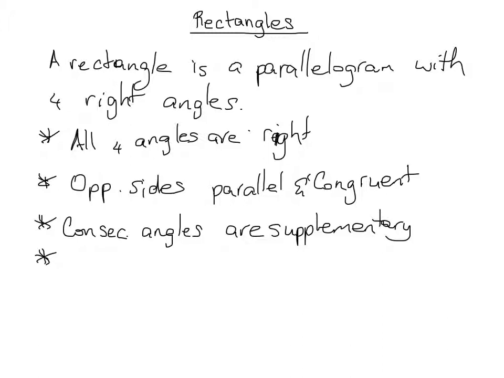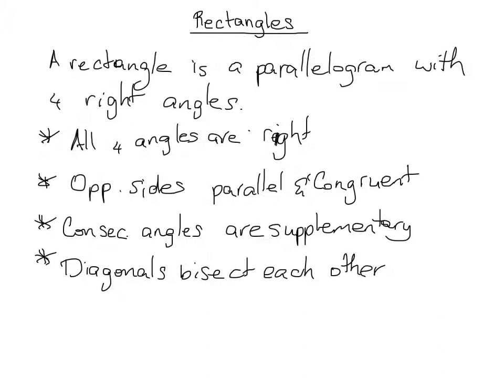And something important, the diagonals bisect each other, as they do in the parallelogram. Now, in addition to the fact that the diagonals bisect each other, in particular for a rectangle, it's important to know that the diagonals are going to be congruent.